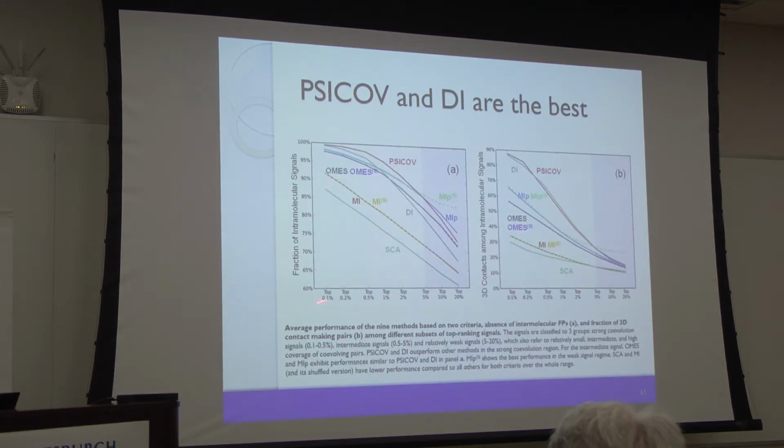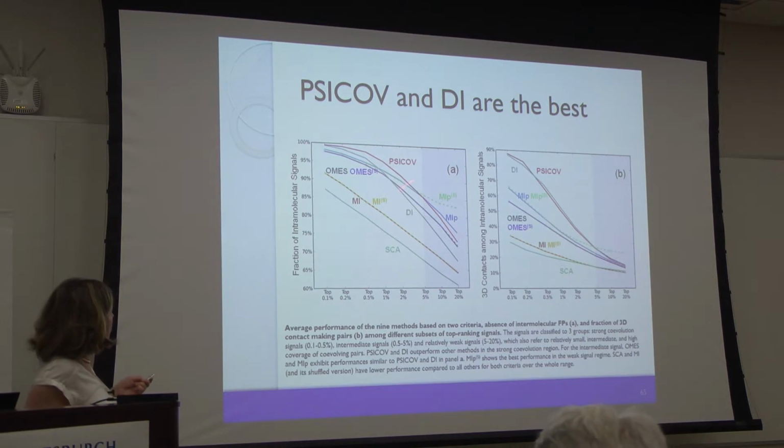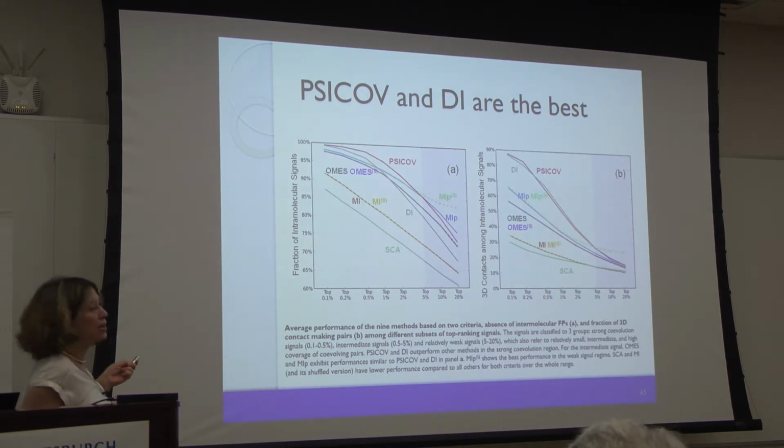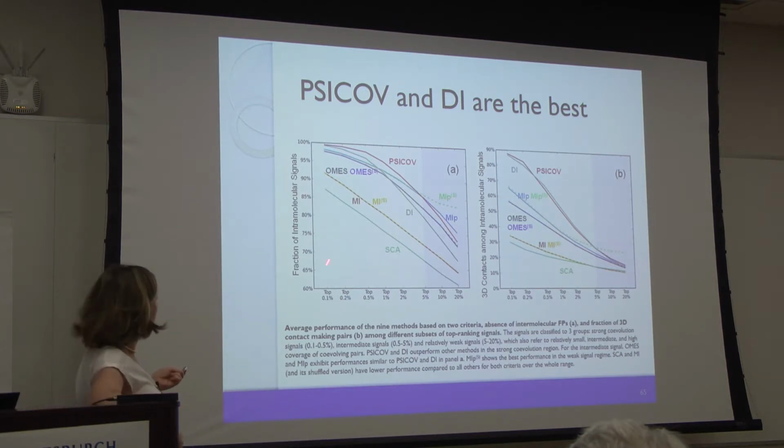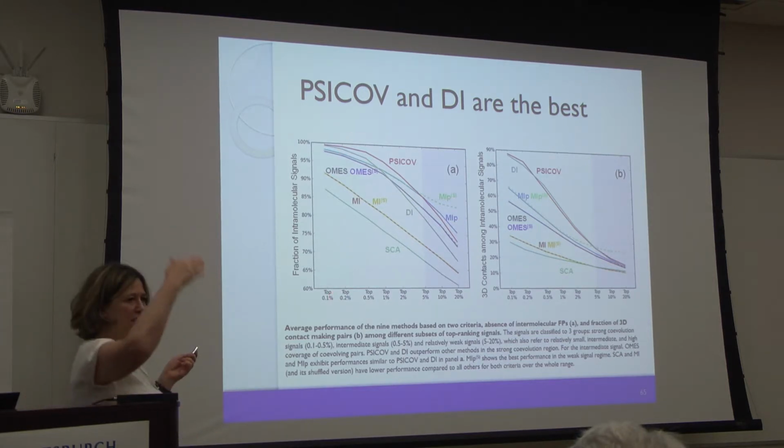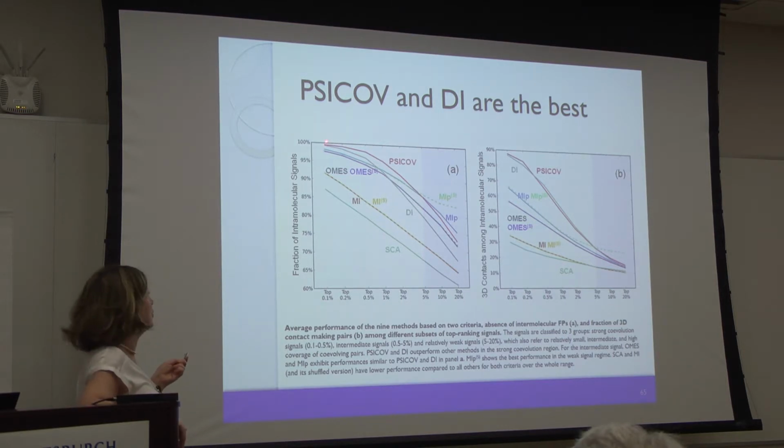And here are the results for those different methods. We want more intramolecular signals than intermolecular in the case of non-interacting proteins. And in this case, for example, if you look at the top 0.1% in the rank ordered list, just the top few, they are correct for sure.